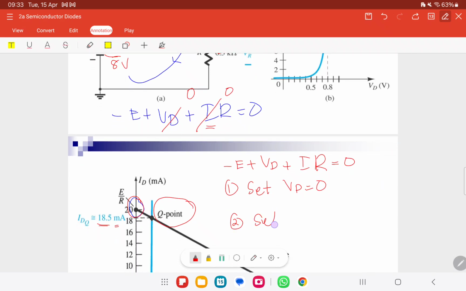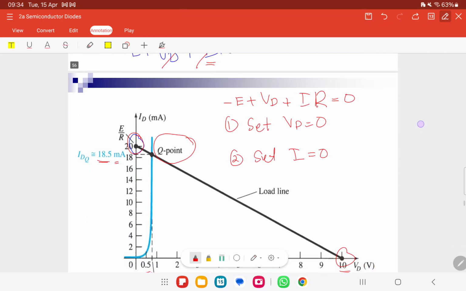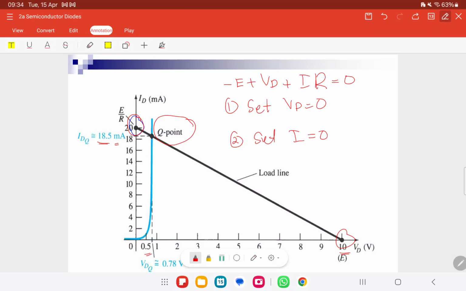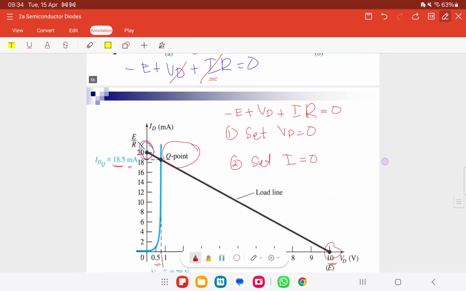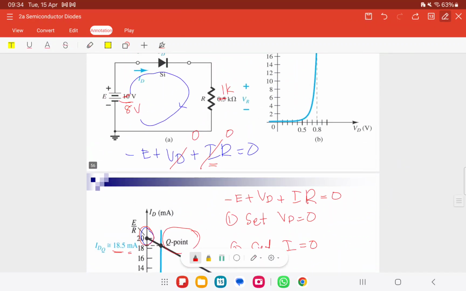Second, we set I equals to 0. The value, this one, E equals to 8, R changed to 1 kilo ohm.